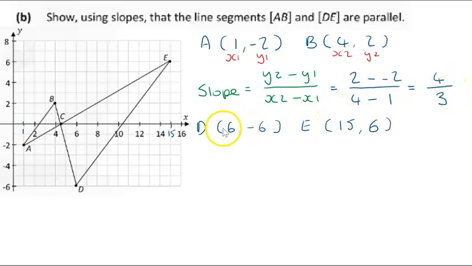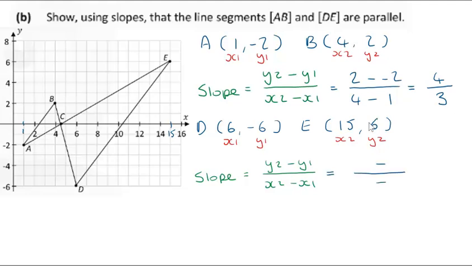Then we take the points D, 6, -6, and E, 15, 6, and we label them again, x1, y1, x2, y2. We write out our slope formula, and we sub into our slope formula.